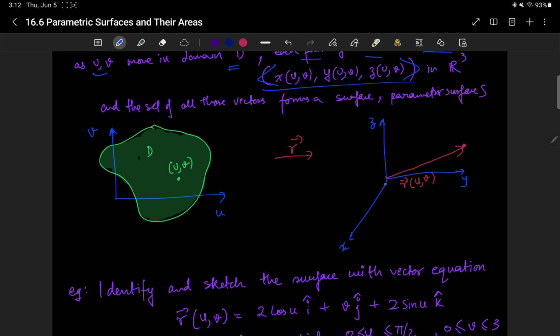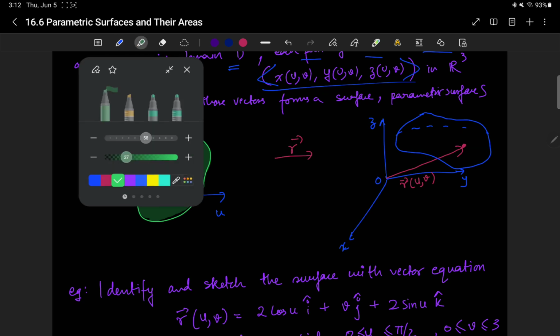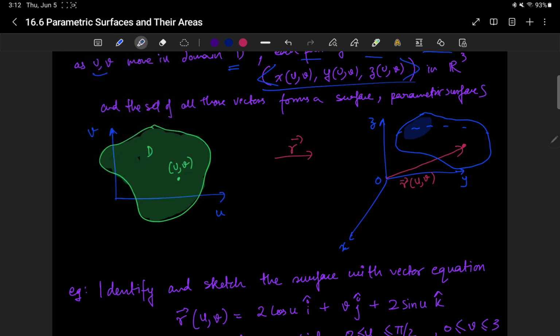And if you repeat this process through the entire domain, you end up with some surface in 3 dimensions. So for each element in the domain D, you get a point on the surface S through the position vector r.